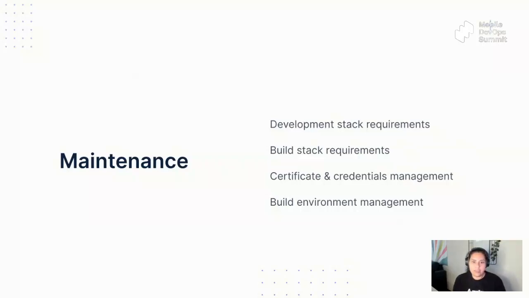Then there's also the standard requirements, for Android or iOS, the SDKs and the dependencies there, and making sure that you have the most recent versions of those. Again, this is all mapped back to the matrix of the types of versions that you have. So the development requirements and the build stack requirements will all be specific to the types of builds, the versions, and the environment that you're using.